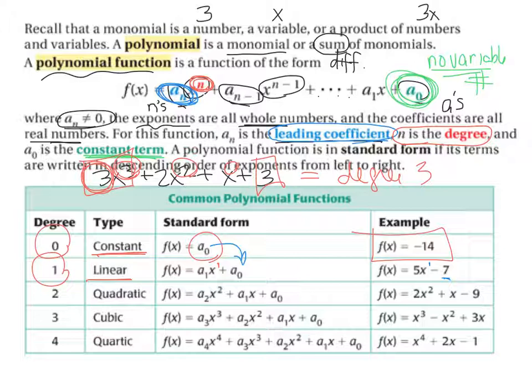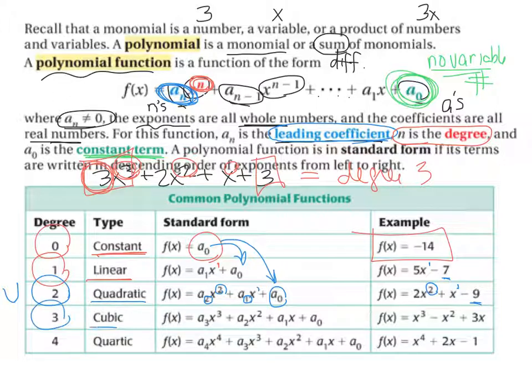It's linear. Second degree is considered quadratic. It's U-shaped, either happy U or sad U. I've got a_2 x squared, a_1 to the first power, and my constant. An example would be 2x squared, 1x to the first power, and a constant.